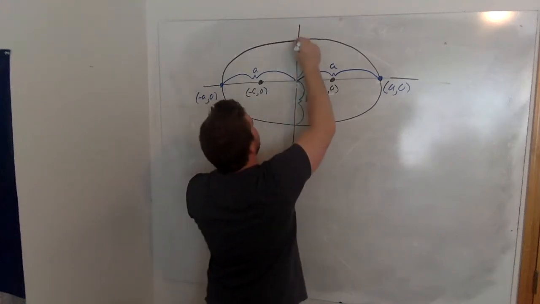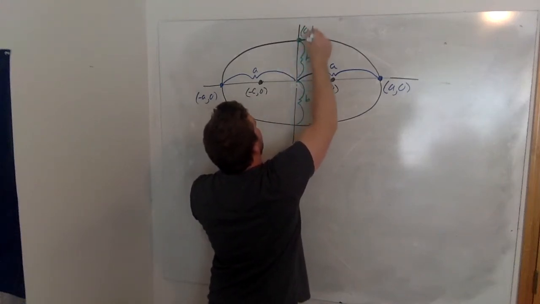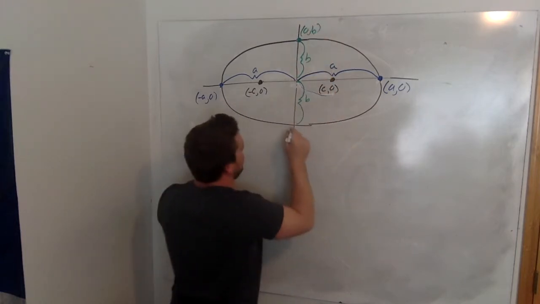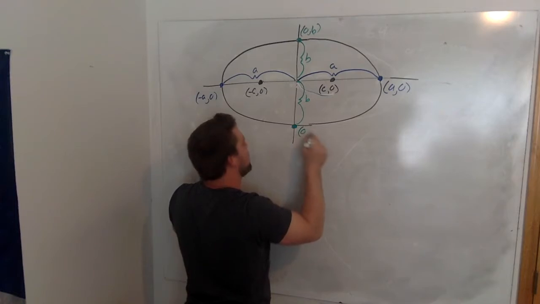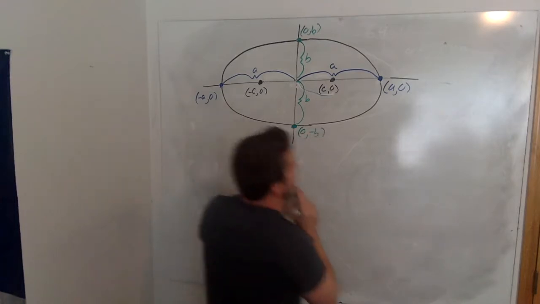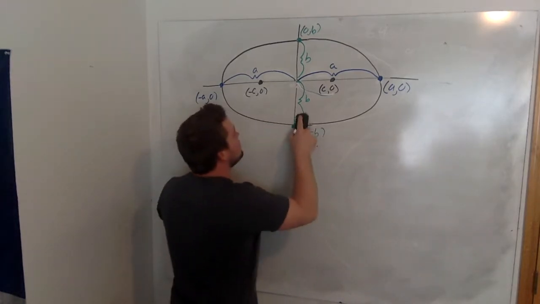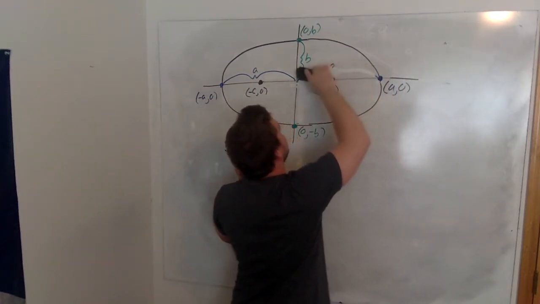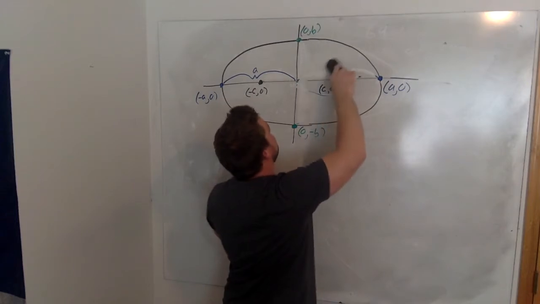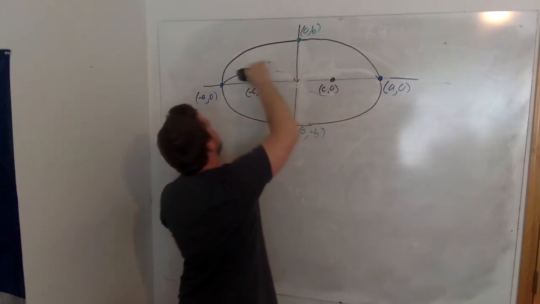Right here we'll have an x-coordinate of 0 and a y-coordinate of B. And right here we'll have an x-coordinate of 0 and a y-coordinate of negative B. So we'll mark those and erase a little bit of this picture here, just leave lines. You'll see that we're going to need a little bit of space.